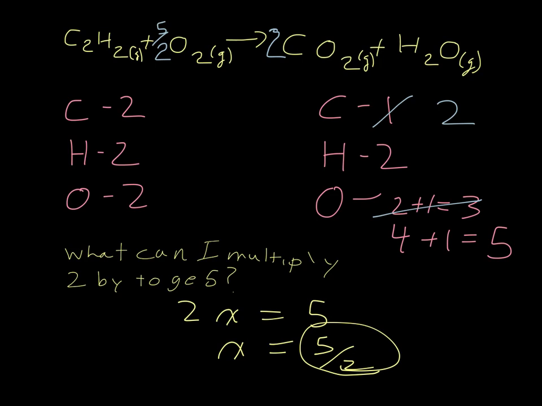Because I'm multiplying 5 halves by 2 there, that means I now have 5 oxygens on this side of the equation. So now I check. 2 carbons here, 2 carbons there. 2 hydrogens here, 2 hydrogens here. 5 oxygens here, 5 oxygens there. My equation is now balanced.